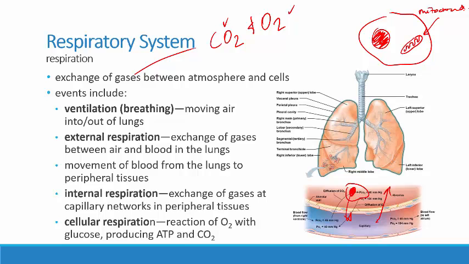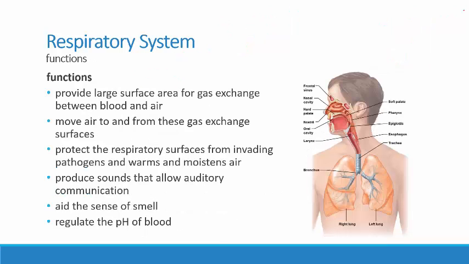So the functions of the respiratory system then include providing a really large surface area that allows for this gas exchange, and there is a huge amount of surface area inside the lungs that allows that exchange. The respiratory membrane, we talk about that gas exchange surface, is very large. And then we have to move air to and from the gas exchange surfaces there between the blood and the air.